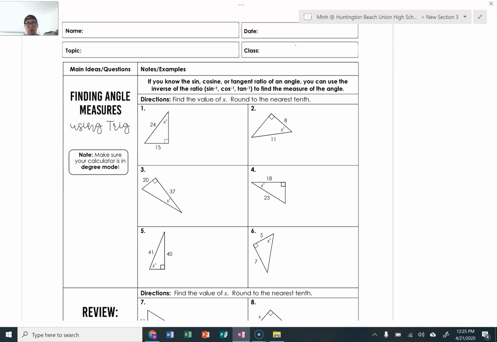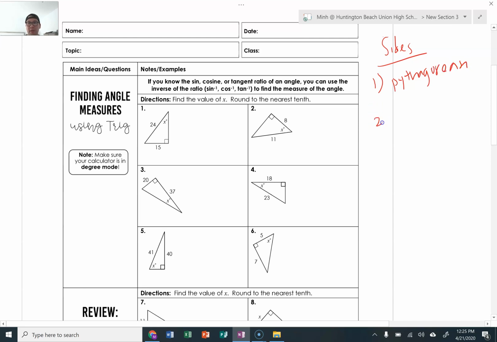Now, just to do a quick recap of the unit so far. We have a few tools to solve for missing sides, right? The first one is the Pythagorean theorem. Always try that one out.